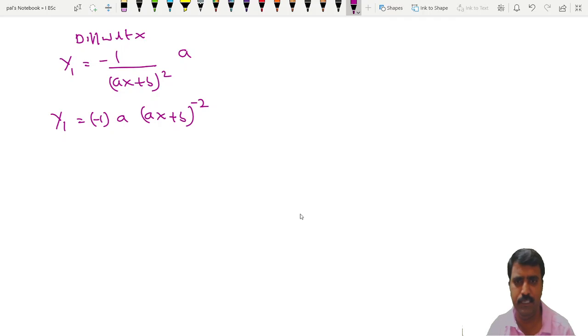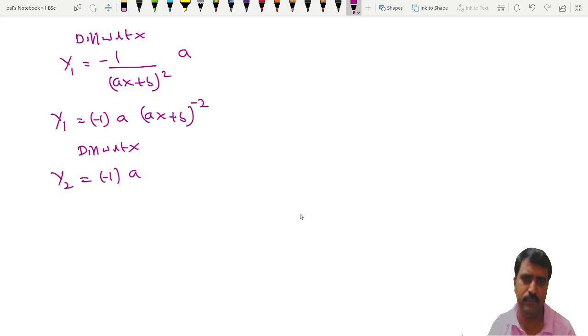Differentiation of y1 gives y2. y2 is equal to minus 1 into a, these are constants. So differentiation of ax plus b to the power minus 2 is minus 2 into ax plus b to the power minus 2 minus 1, which is minus 3. Again differentiation of ax plus b is a.